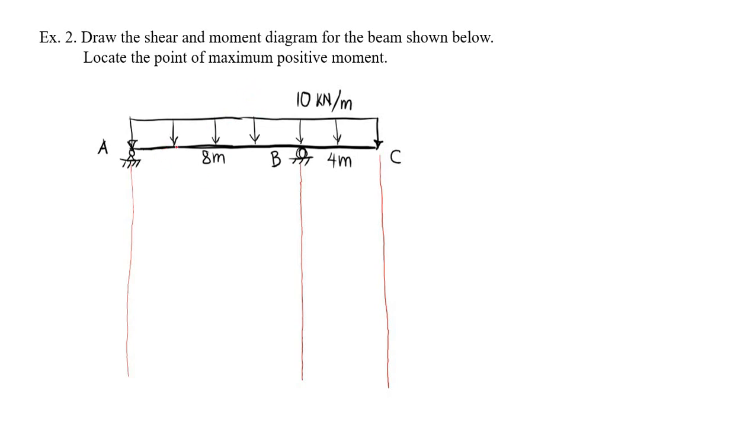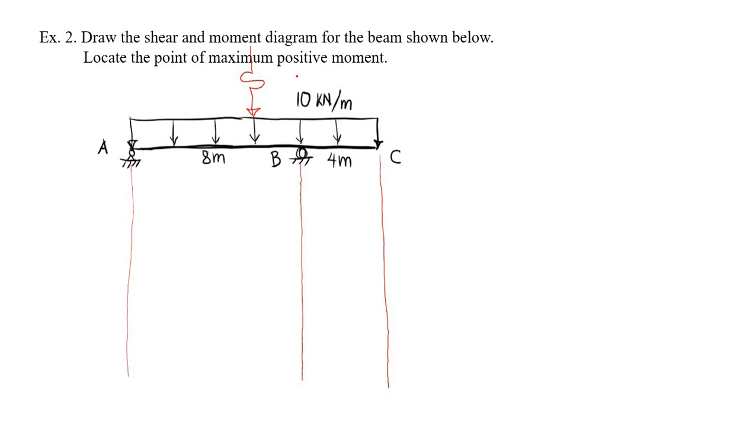So we have 10 times 8 plus 4 is 12. So we have 10 times 12. And we can easily solve for the reaction by representing this total force with a single resultant force, which is 80.